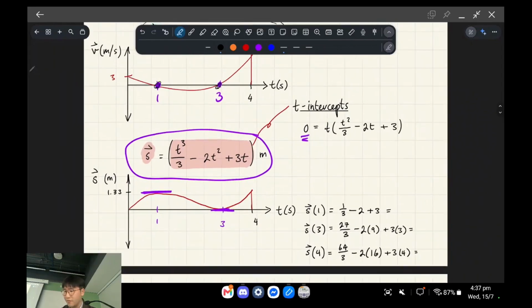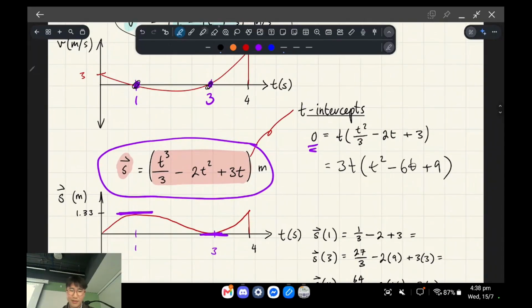Okay, so basically what I do is I get the function and I take the t factor out, and then I also multiply all the terms by 3 inside here, and take 3 out as well. So I factor out 3. So it goes 3t, then t squared minus 6t plus 9.